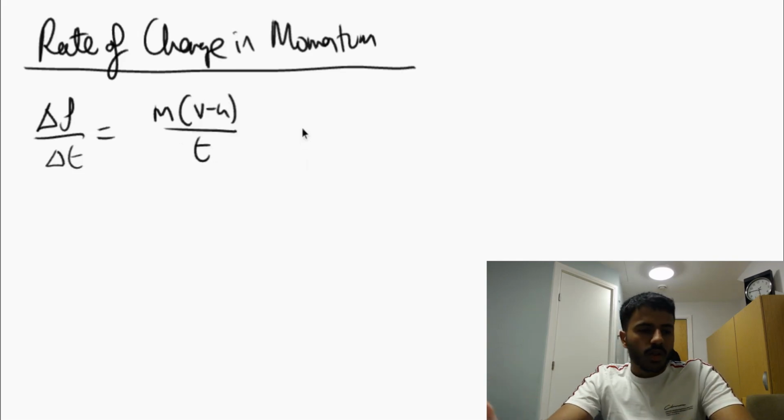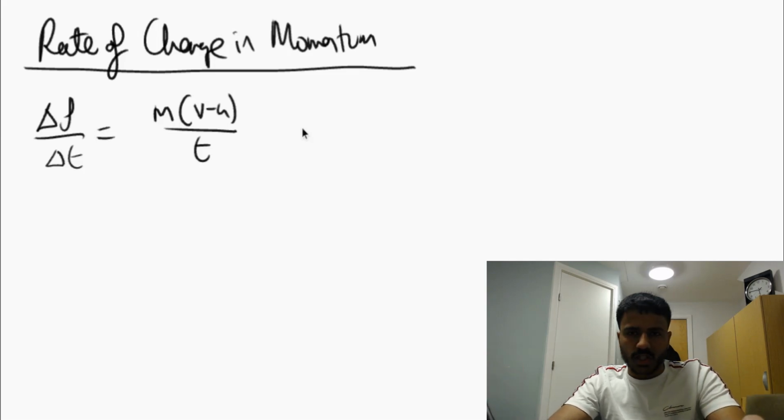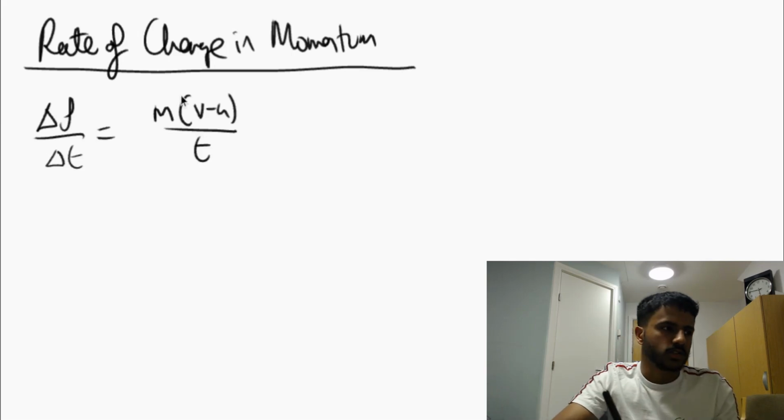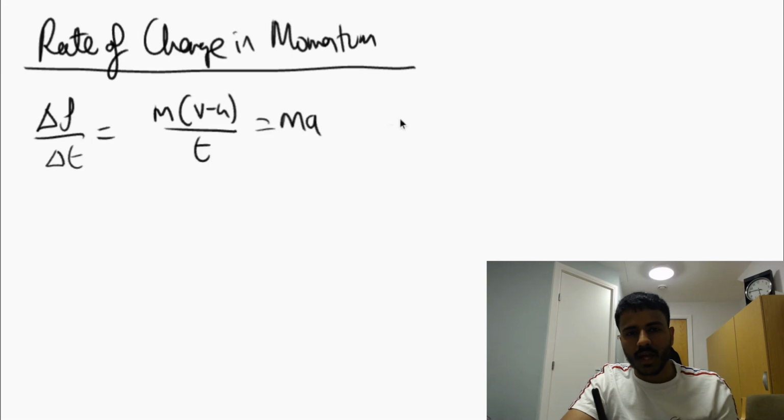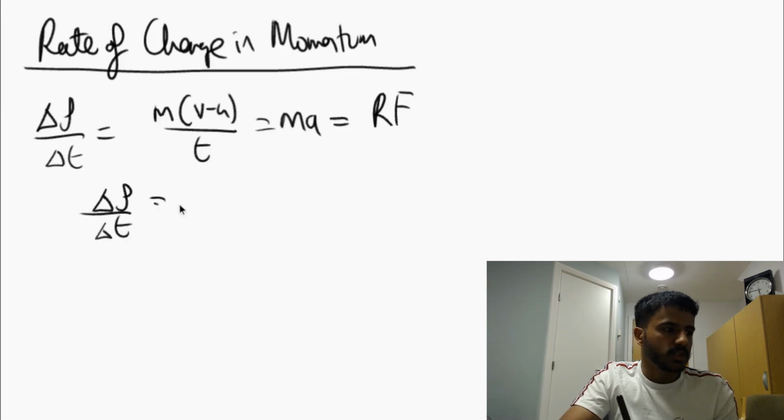And we know that from our SUVAT equations, v minus u over t is equal to acceleration. So we can represent this by ma. And we know that ma is equal to the resultant force. So we can get an equation saying that change in momentum over change in time is equal to force.